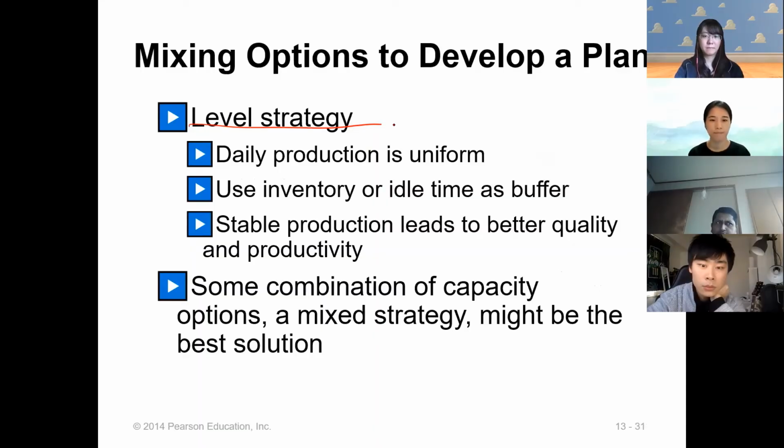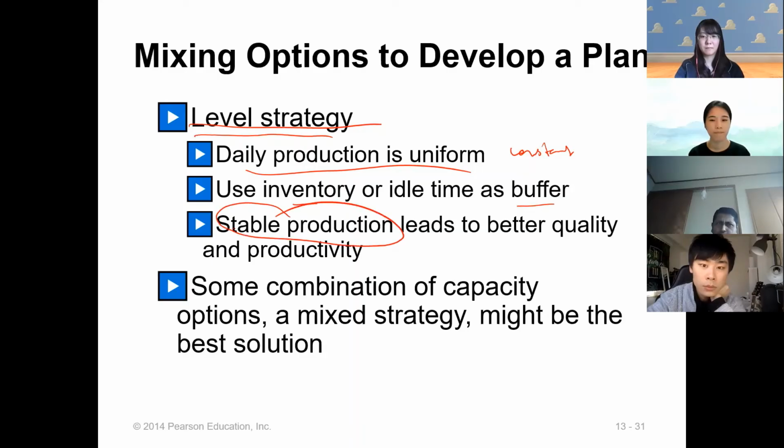But level strategy is uniform. Daily production is constant. Okay, constant. And you use the inventory that you have produced more as a buffer for the period which is having high demand. The advantage of a level strategy is that it produces a stable production.